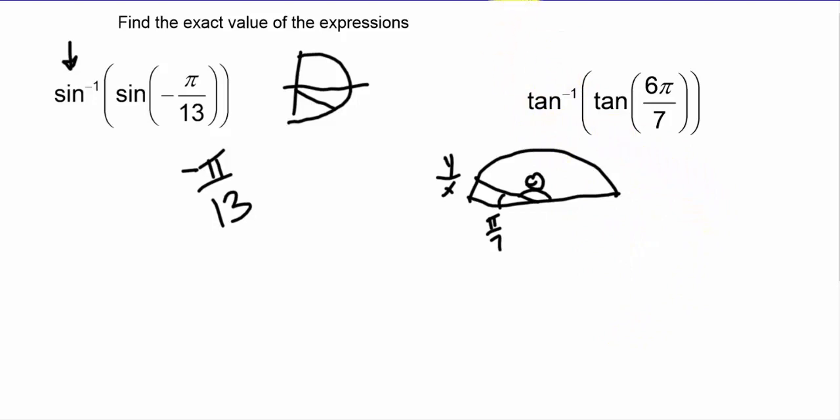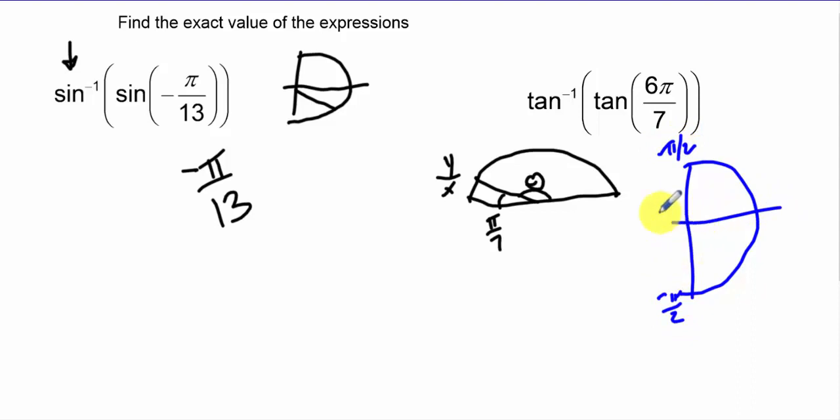I can only get answers from this part of the circle, which goes from pi over 2 to negative pi over 2. Well, that reference angle of pi over 7 is going to yield the same y over x value as 6 pi over 7 does over here. Therefore, we state our answer is going to be negative pi over 7.